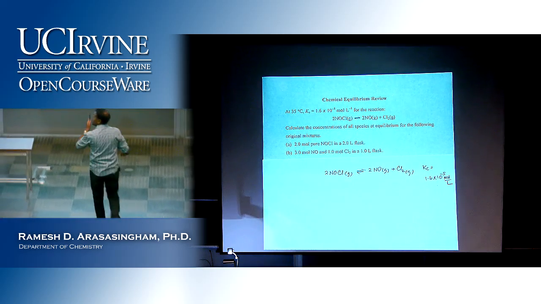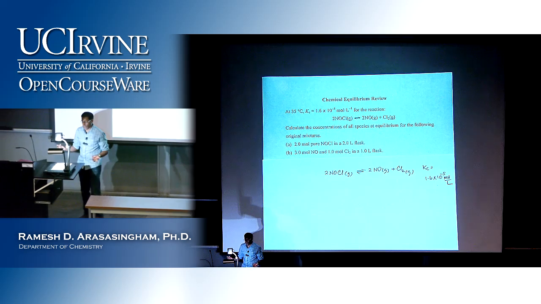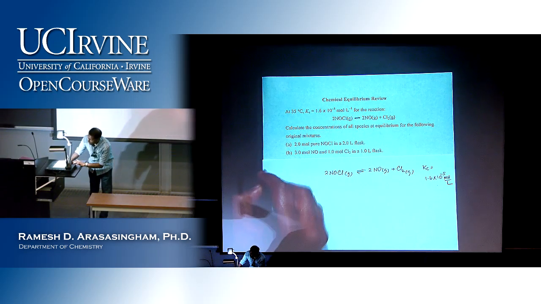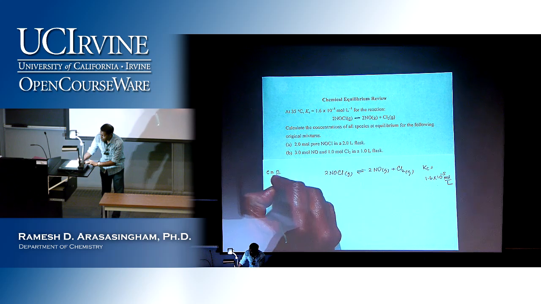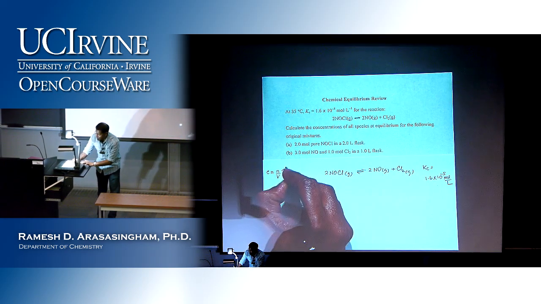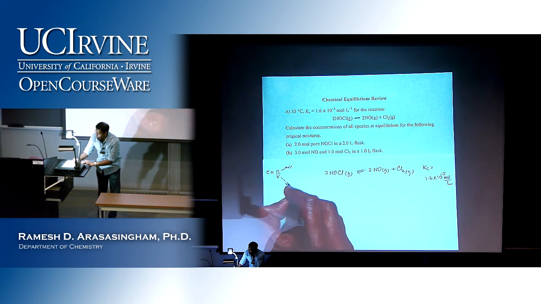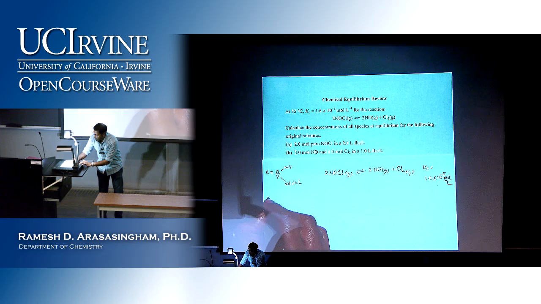But it turns out here we're given moles and volume, and as all of you know, what is the definition of concentration? It's moles divided by volume. All right? So this is moles, and this is volume in liters. And therefore the unit is what?